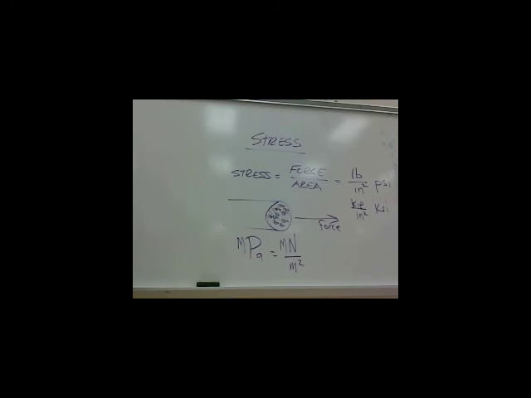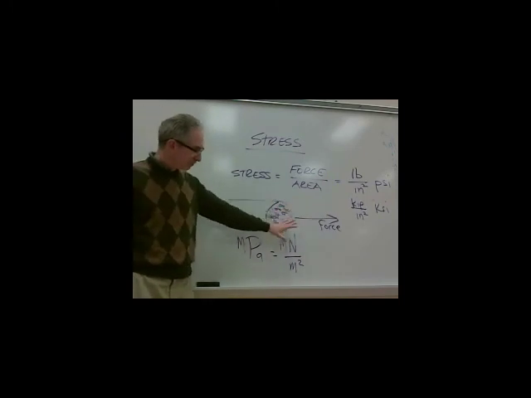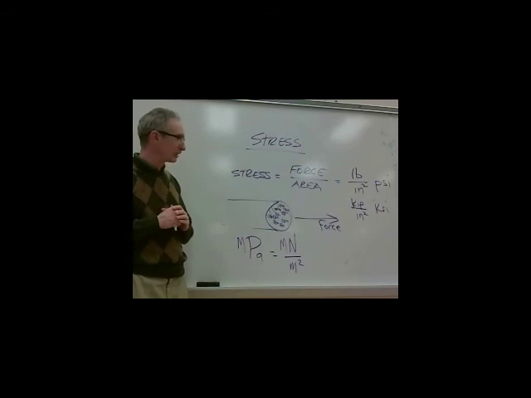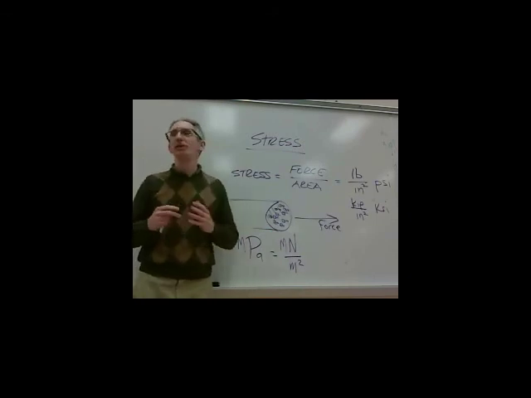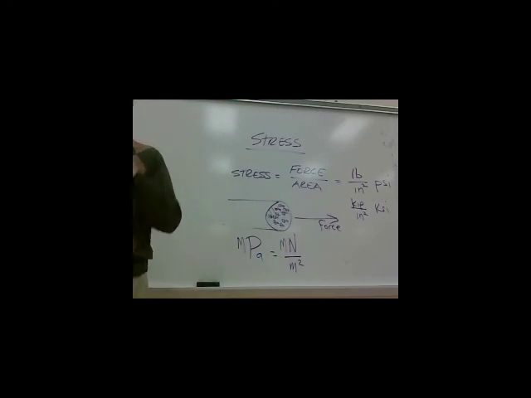All right? Getting back to this stress over this cross-sectional area. In a rope, what you could think about in stress is, you know how rope is made up of all individual fibers? That's sort of what stress is.